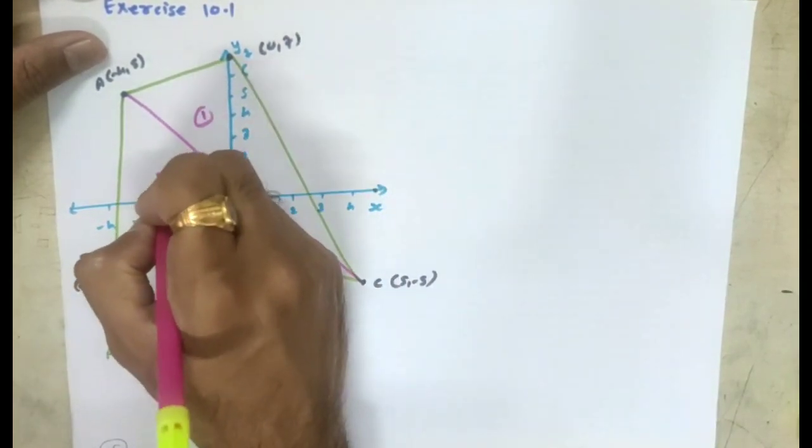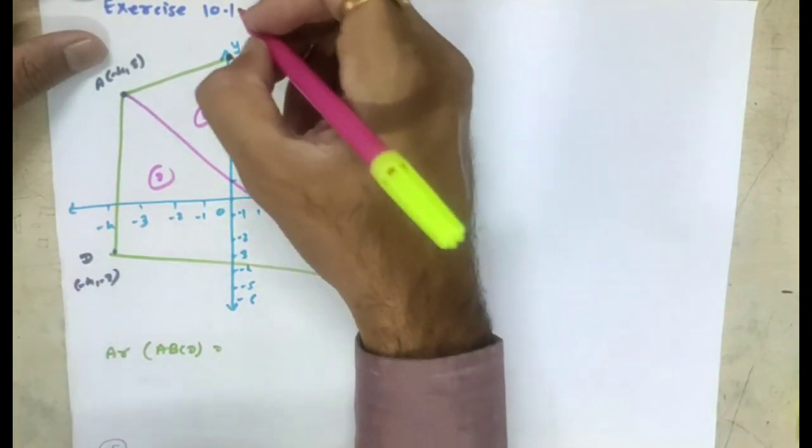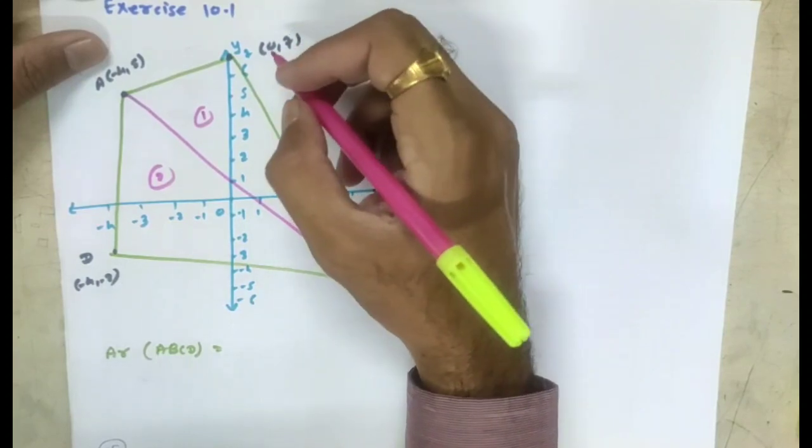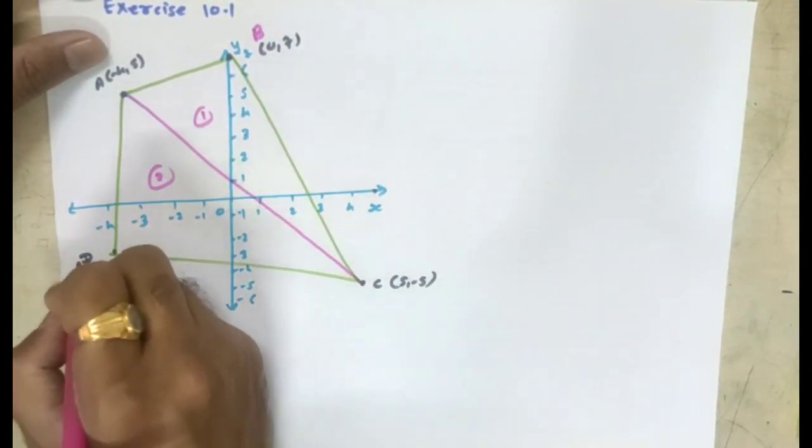This is the first triangle and this one is the second triangle. Name this A, this B, this C and this D.